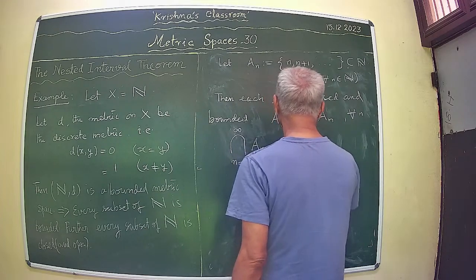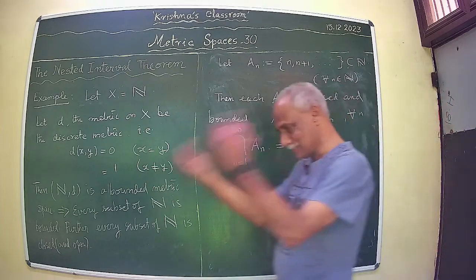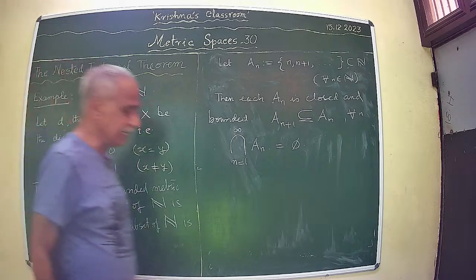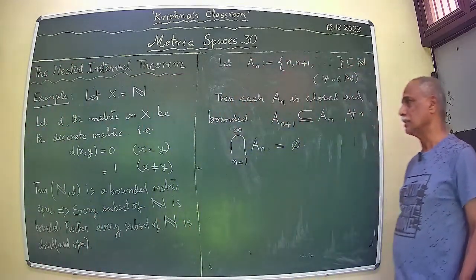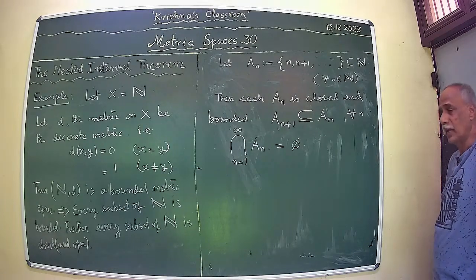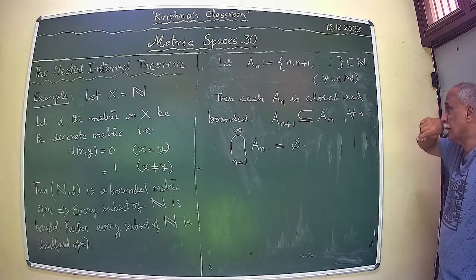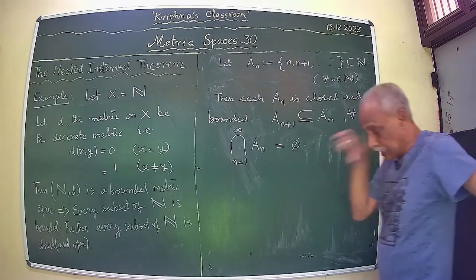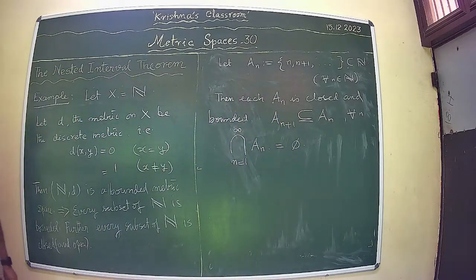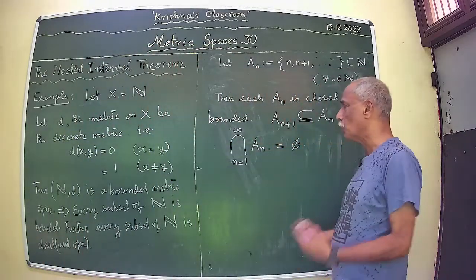This you see is empty. So you see that obviously if you just assume the subsets An in a general metric space are closed and bounded, and it has the property that it's a nested collection of sets, you cannot conclude that their intersection is non-empty. So you need something more to work on that.